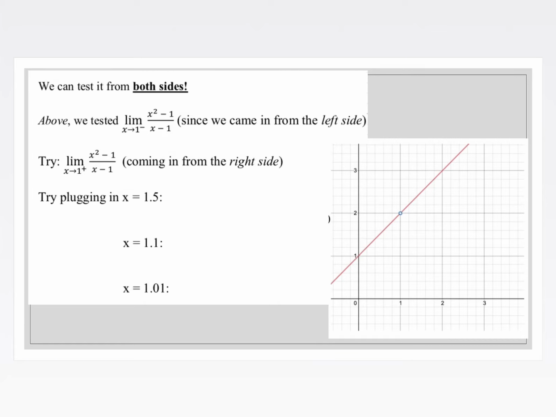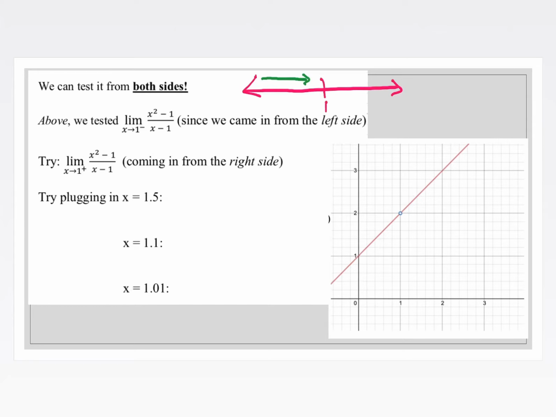Now what we did in that first slide there is we approached 1 from the left-hand side. If we think about a number line and we have our number 1, we were approaching 1 from the left-hand side because we had 1/2, 0.9, 0.99, 0.999.